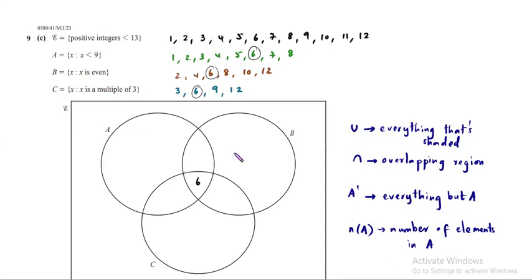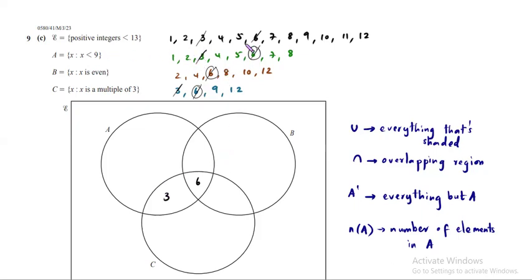Then we're going to complete the rest. If we check A, it goes 1, 2, 3, 4, 5, 7, and 8. A and C share 3 in common, so I can put that 3 here. I'll cross out the 3 as well as the 6, as we are done writing them.